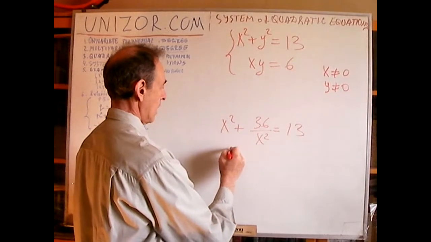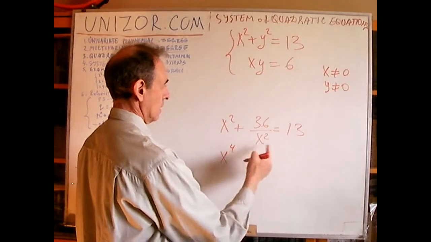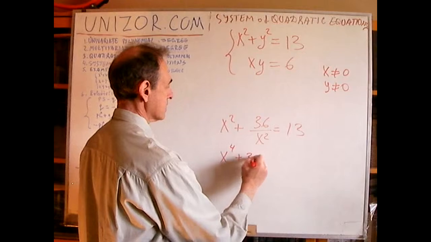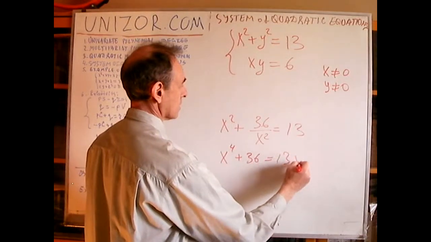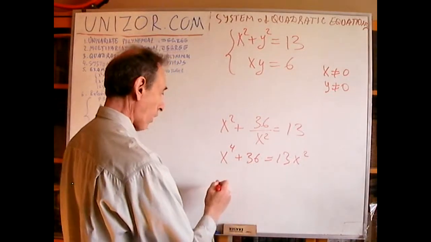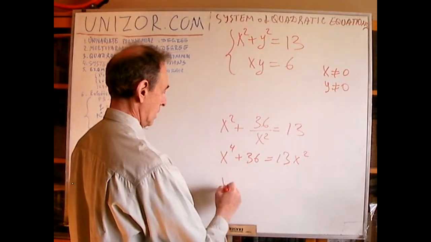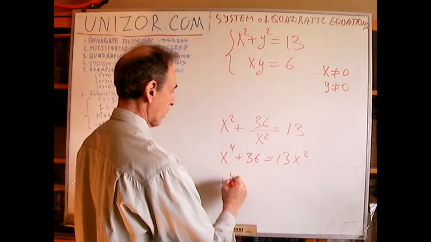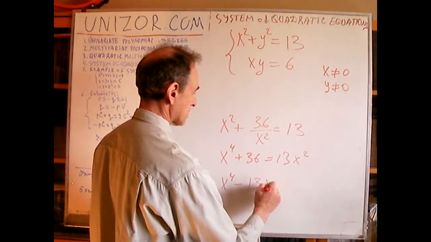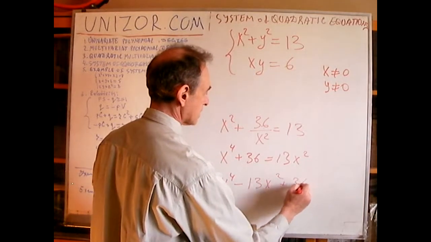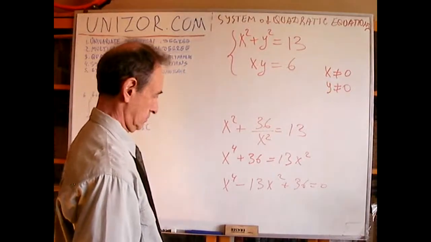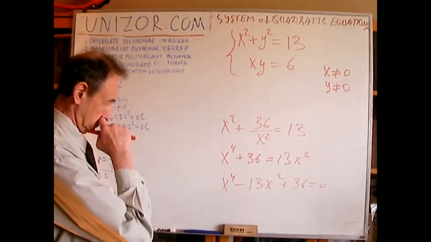I will have x to the 4th plus 36 equals 13x squared, or x to the 4th minus 13x squared plus 36 equals 0.